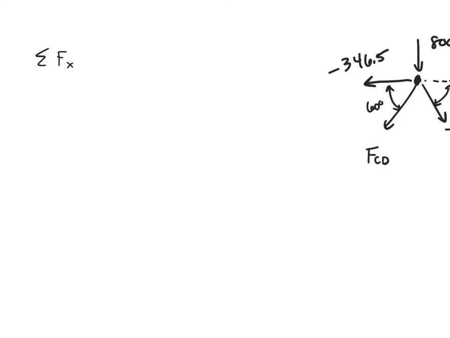If FCD were only in the x, I would do sum of the force in the x. If FCD were only in the y, I would do sum of the forces in the y. But it's in both directions, right? And it doesn't make it easier one way or the other. So I'm going to choose sum of the force in the x. And we always set it equal to 0 because we're assuming the bridge isn't moving. Equilibrium. And that is an obvious assumption, right?